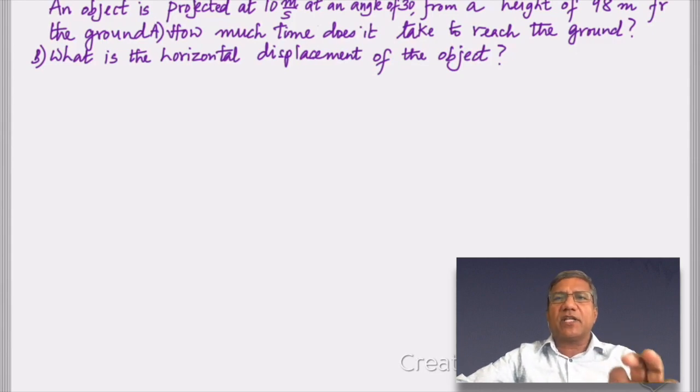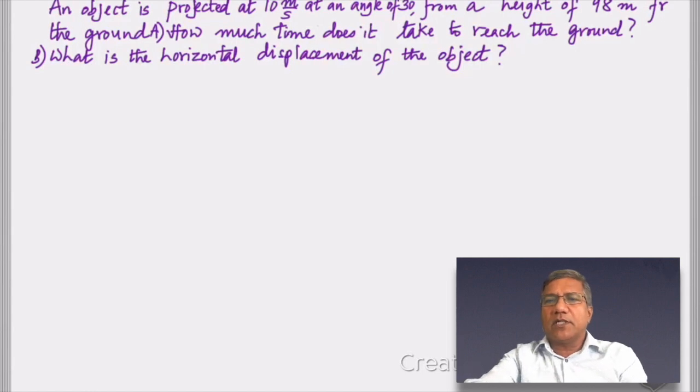Now, this is very important and crucial to know that once you give a velocity at an angle, you've got to resolve it into its vertical and horizontal components.